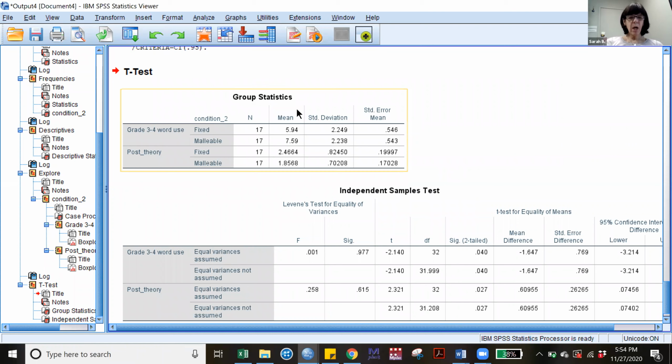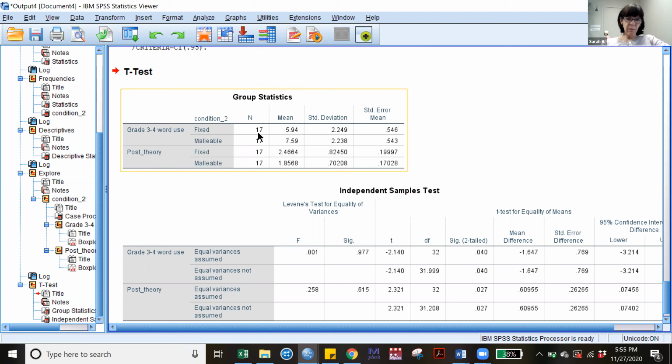What we report is, first of all, this is pretty much the same type of comparison as we saw with the box plots, though it's not the same data because it's the means instead of the medians and interquartile ranges. For each dependent variable, those are the rows, it shows which condition people were in.